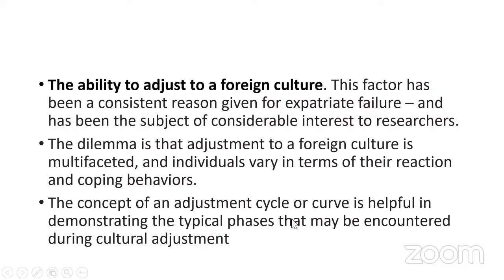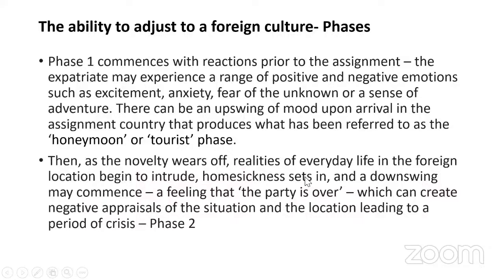The concept of an adjustment cycle or curve is helpful in demonstrating the typical phases that may be encountered during cultural adjustment. I think some of these things we will discuss in our next session. Of course, we have 2 minutes, so I think we can do this one.